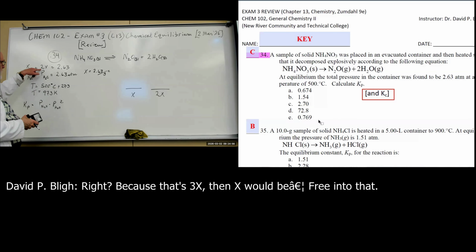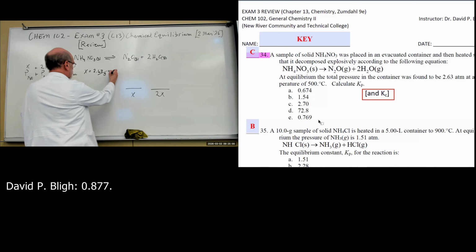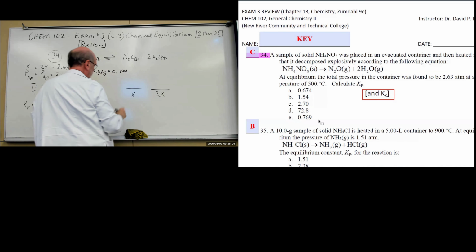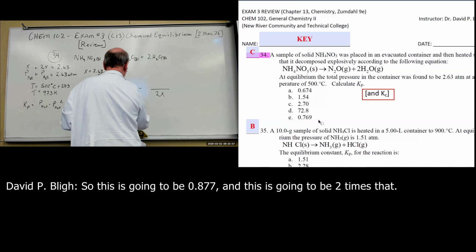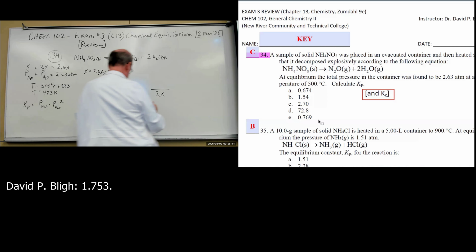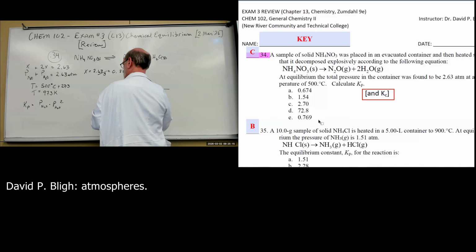Right? Because that's 3x, then X would be 3 into that. 0.877. So this is going to be 0.877, and this is going to be 2 times that: 1.753 atmospheres.